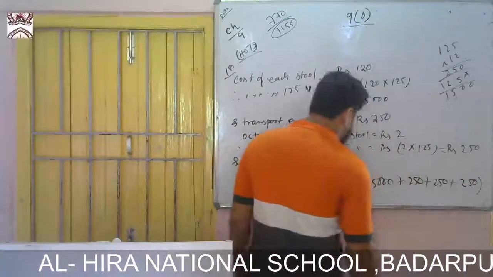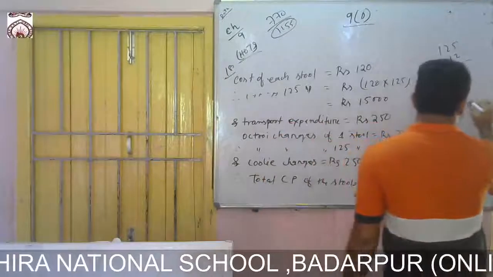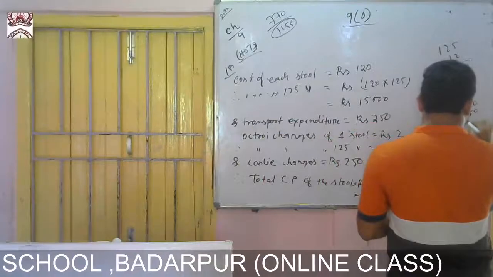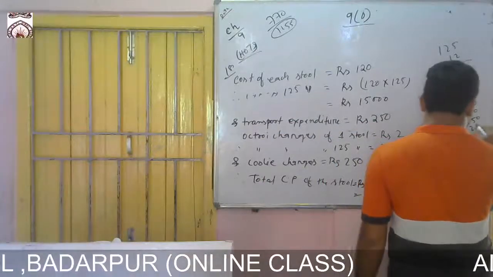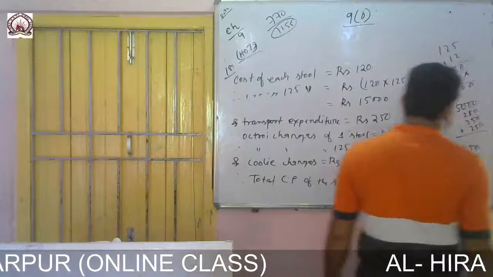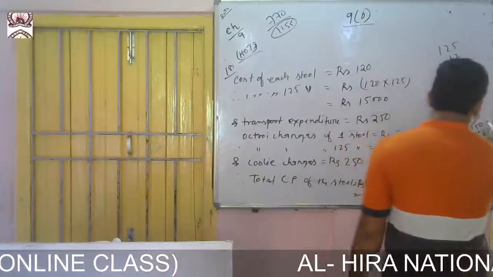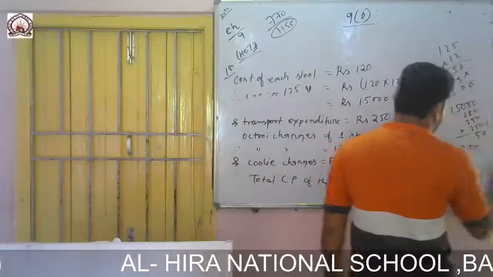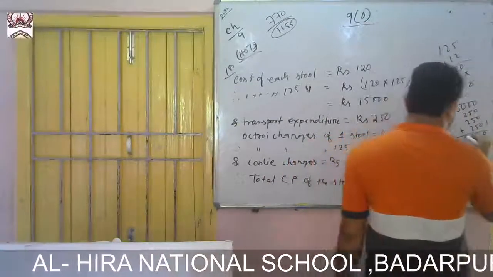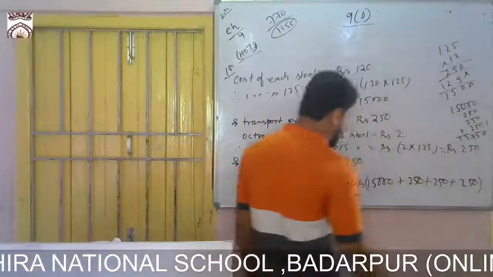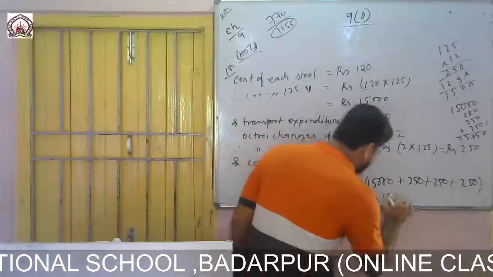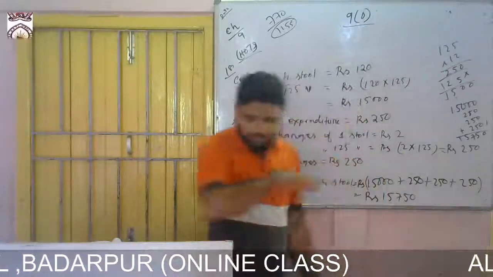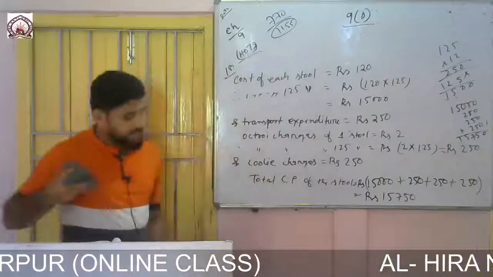Now you add 15,000 plus 250 plus 250 plus 250. That gives rupees 15,750.